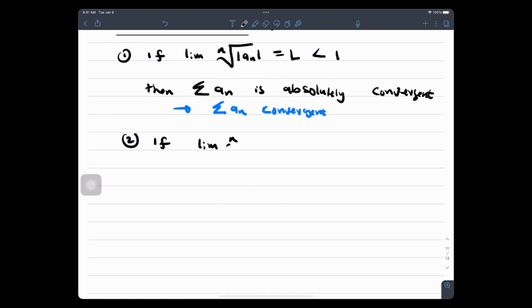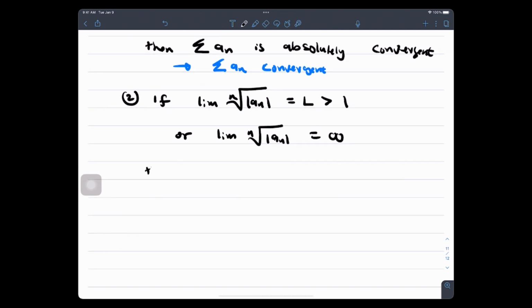If the limit of a_n equals L and is greater than 1, or if that limit equals infinity, then we know the series diverges.